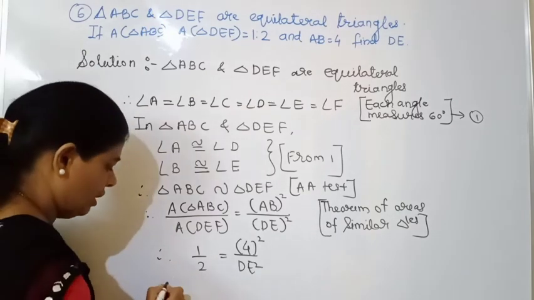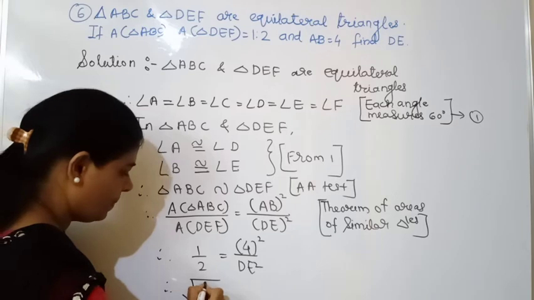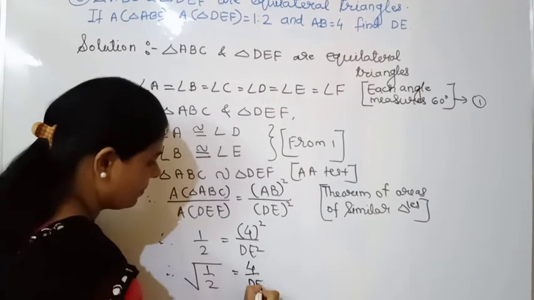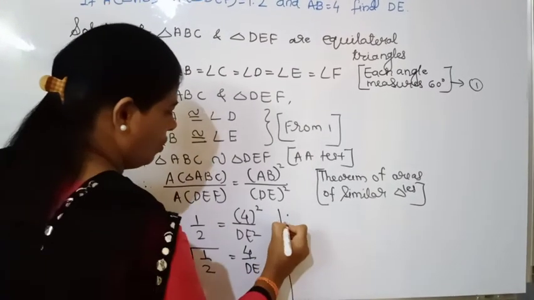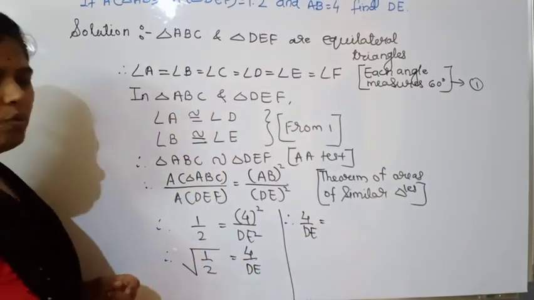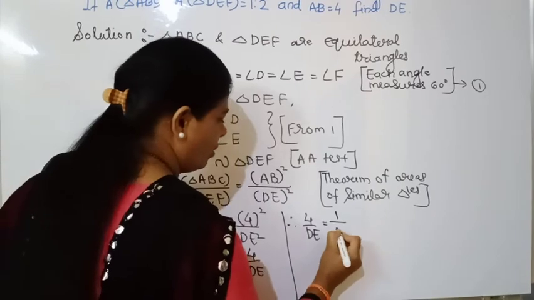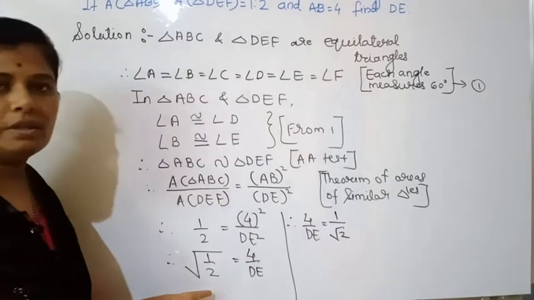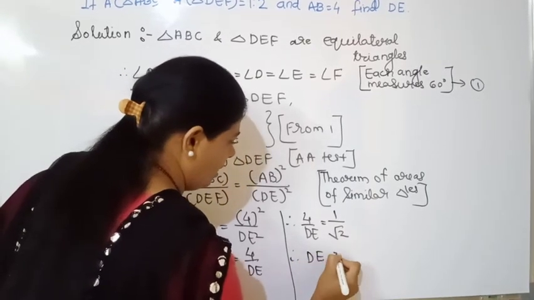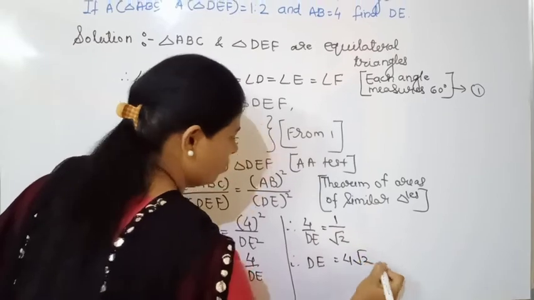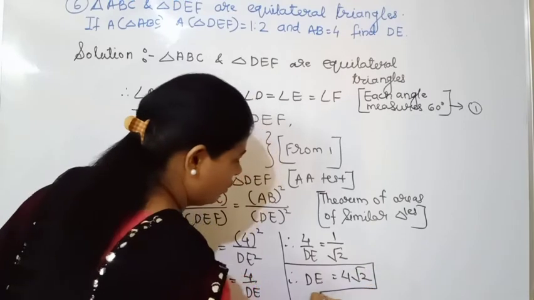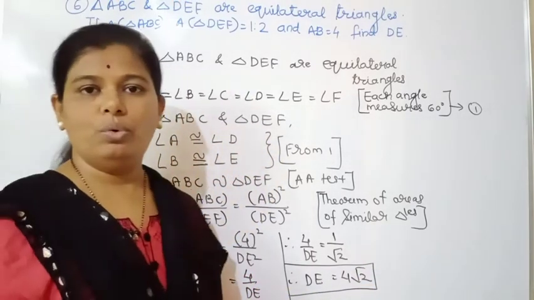So therefore square root of 1/2 is equal to 4/DE. As all of you know, square root of 1 is 1, so it is 1 upon root 2, because we can't find the square root of 2. Therefore what will be the value of DE? Cross multiply, DE is equal to 4 root 2. So in this way we can get the value of DE as 4 root 2.